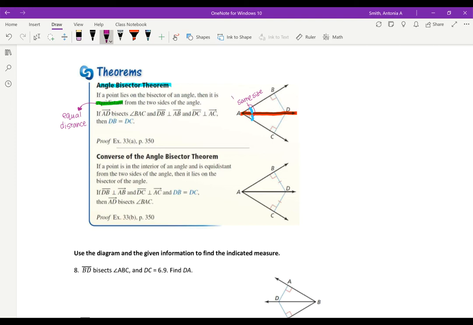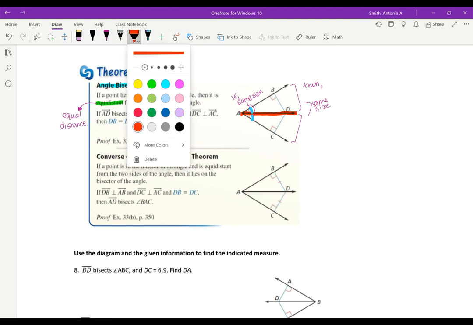Okay, this theorem is saying that if these two angles are the same size, then these two pieces will be the same size. So if your two angles are the same size, then these two distances will be the same size. All right, that's what this theorem is saying.